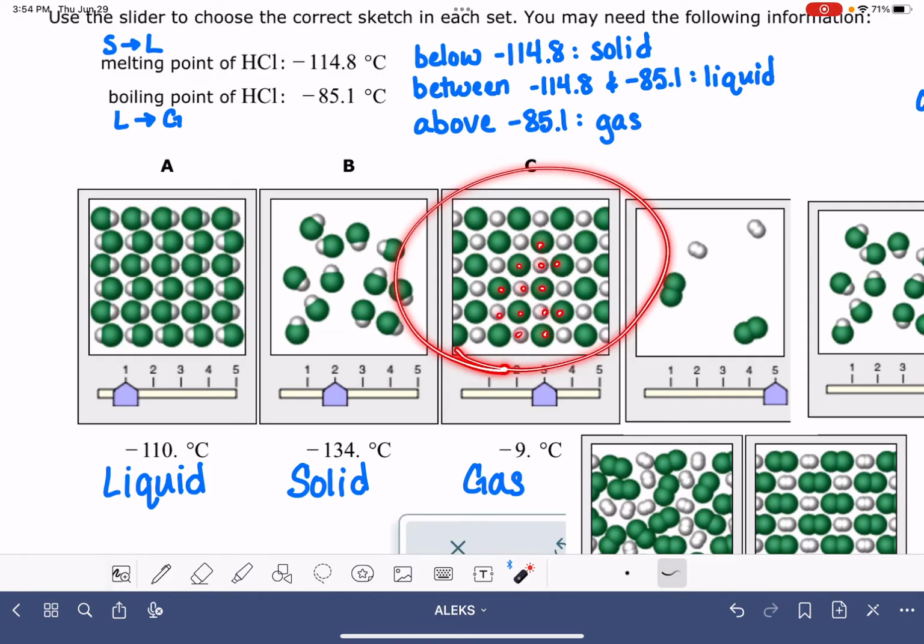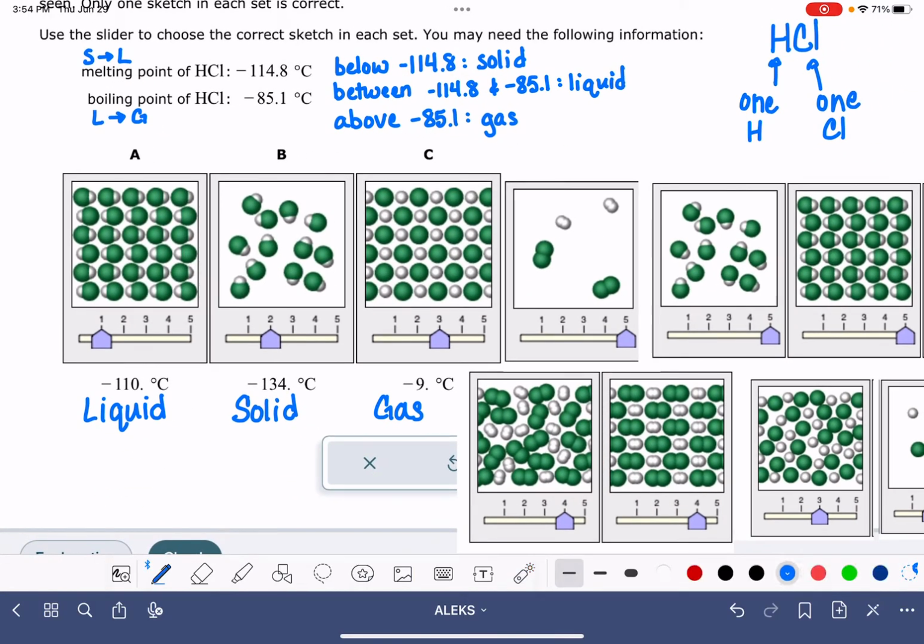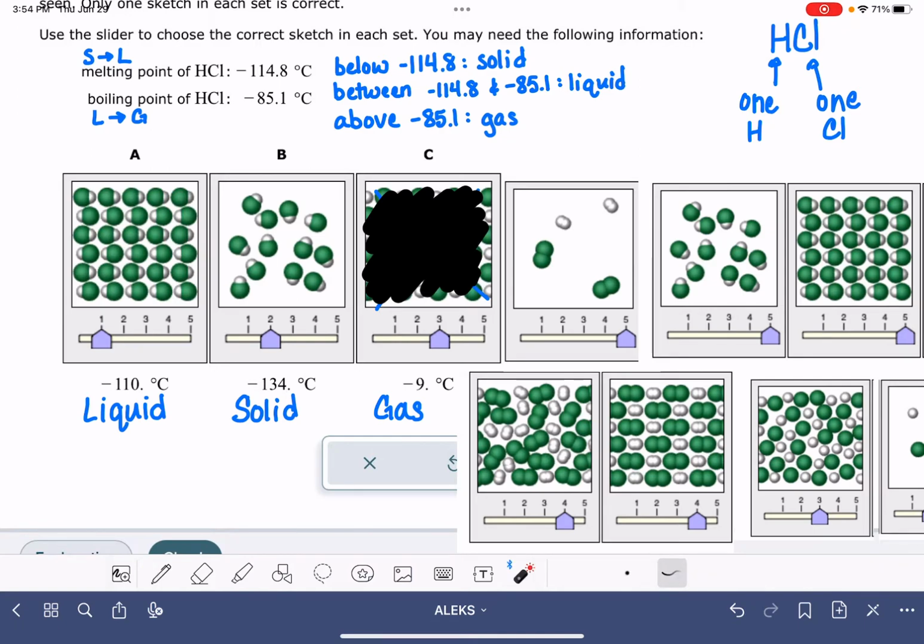There are hydrogens and chlorines in this picture, but they're not attached to each other. It's not the HCl molecule. So we don't want anything like that. I'm actually going to cross it out. We don't want to be looking at anything like this one. All of the valid possible answers for this problem are going to have molecules where the spheres are all mushed together like this.